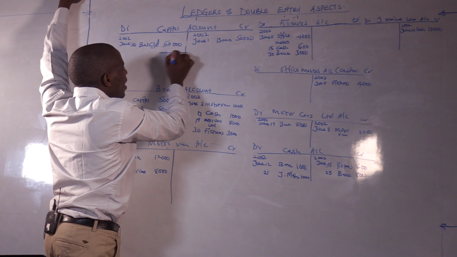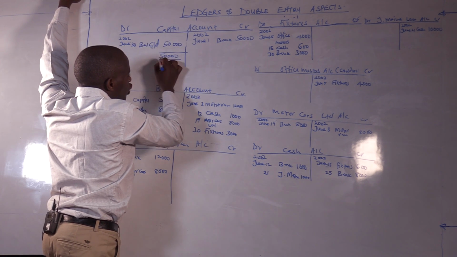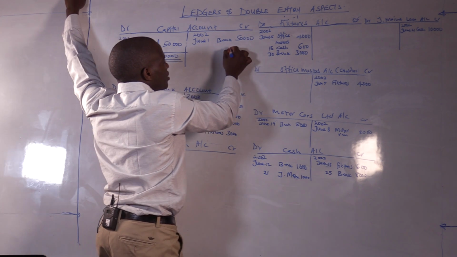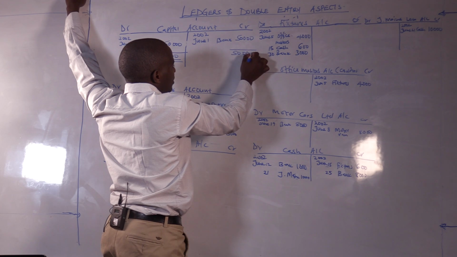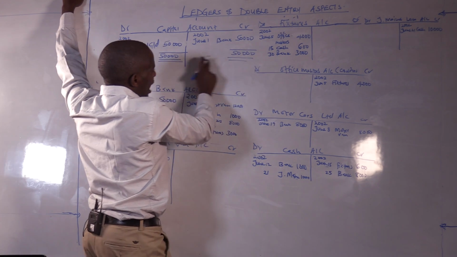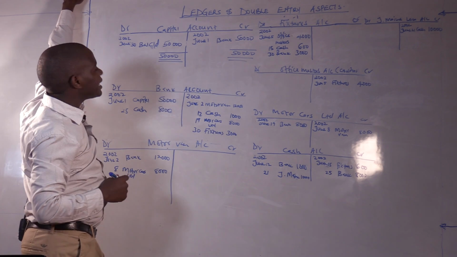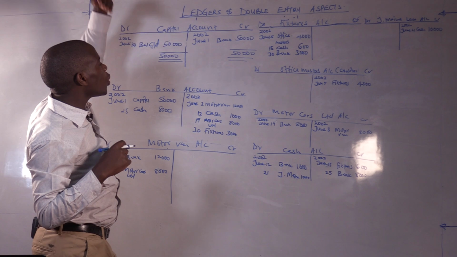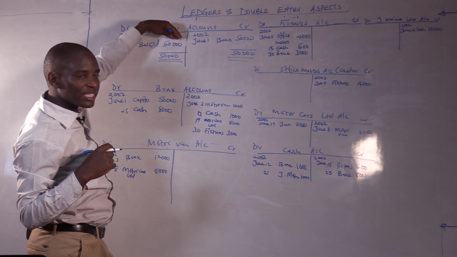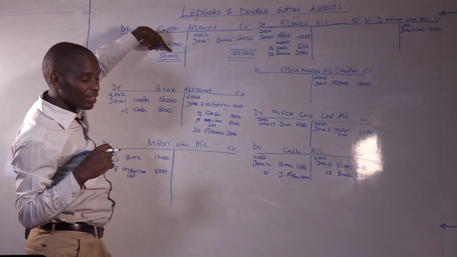We can now add them up, and we have 50,000 as the total there, and 50,000 on this side, and we double underscore at the same level. This is the closing balance. This is what we are closing the business with as at that particular month or time.